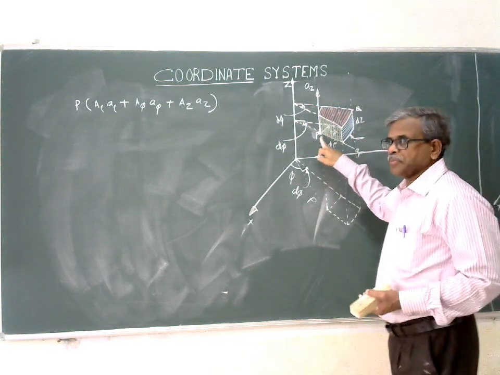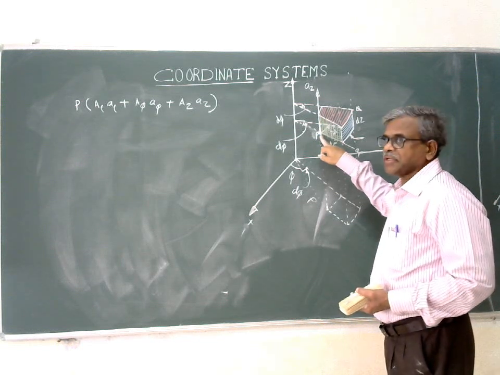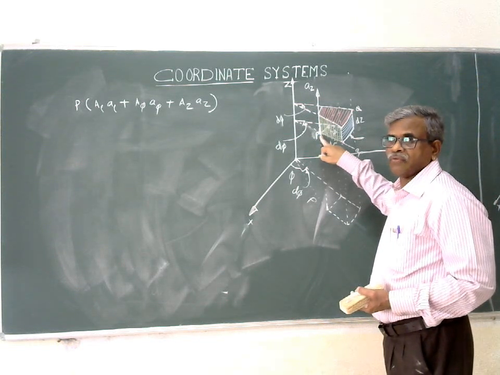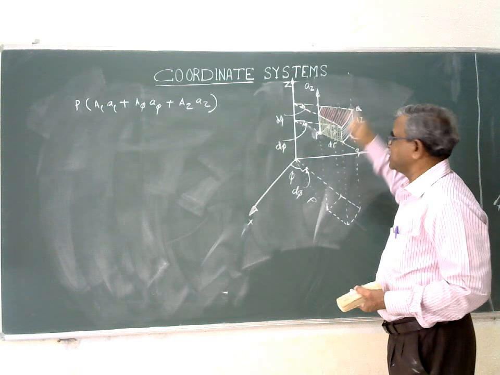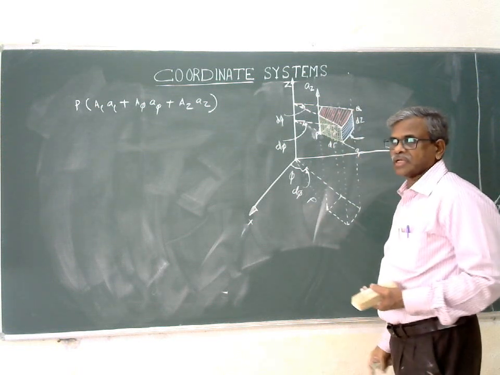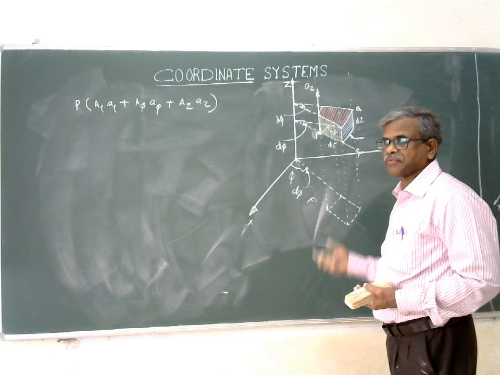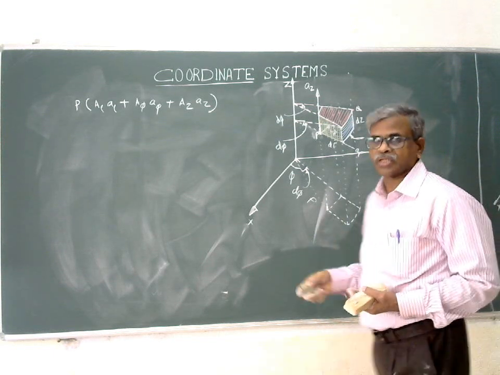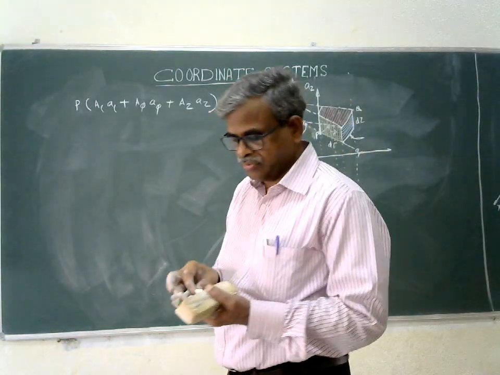This is point P. By incrementing each coordinate by a small value, you are getting point Q. Next we will see all the differential length, differential surface, differential volume. Before going to that, we will see the range of coordinates.